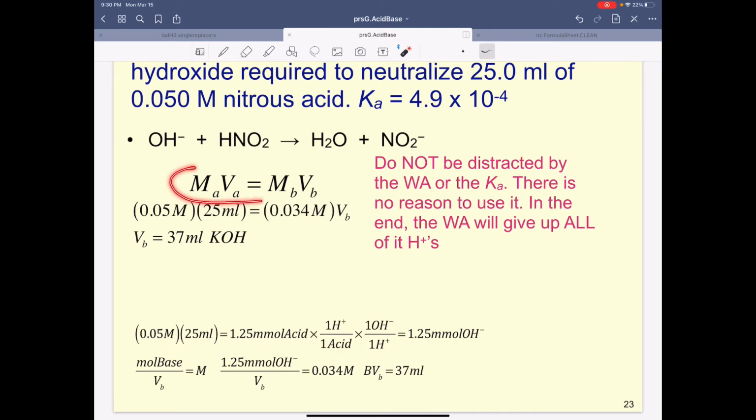Or we can simply use our dilution equation. Molarity times volume gives moles of acid, and we can set that equal to our moles of base, solving for the volume of base required. And we don't want to be distracted by the fact that this is a weak acid. The same amount, weak or strong, of hydroxide will need to react with the H+, whether they are attached in this weak acid or if this were HNO3 and they were separated as in a strong acid.